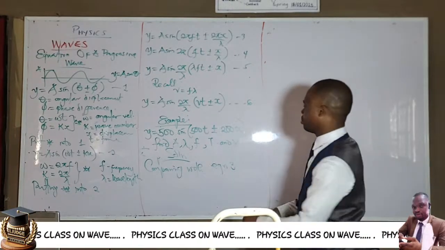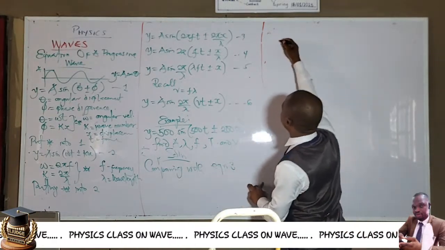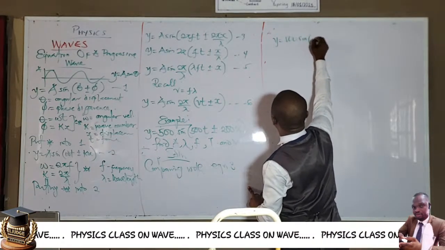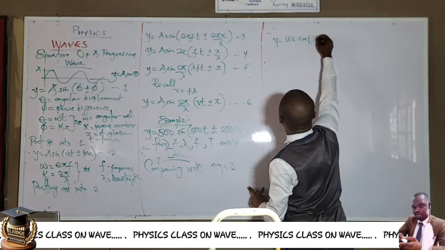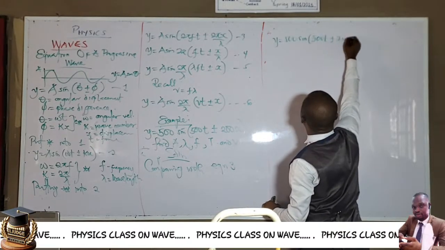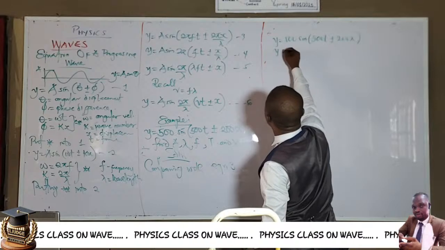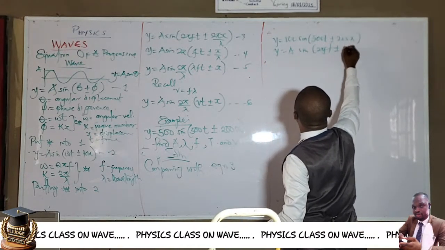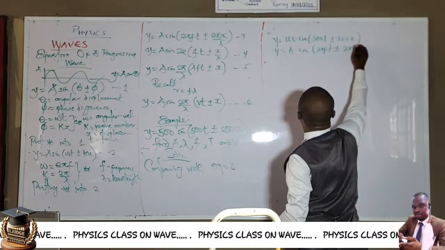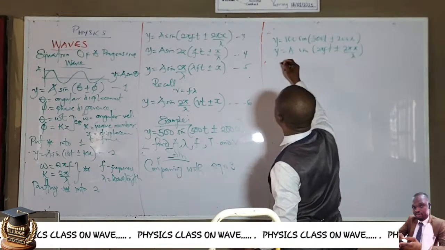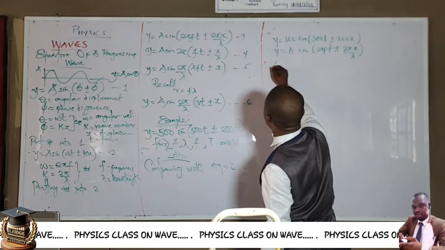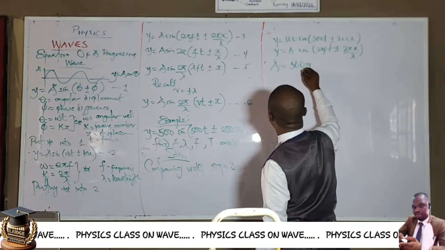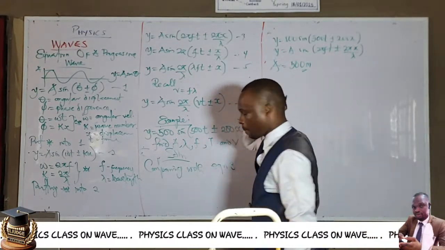So, comparing with equation 3, we have y equals 500 sine (500 t plus or minus 200 x), and y equals A sine (2 pi f t plus or minus 2 pi x over lambda). So automatically we can say A equals 500 meters. That's very simple and direct.